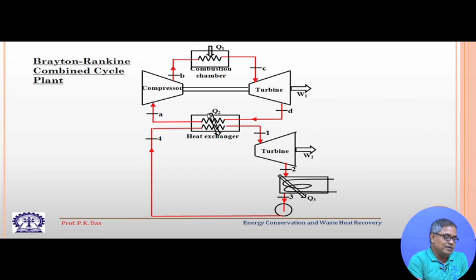After this heat rejection to the working fluid of the bottoming cycle, which is water or steam, it will go to the stack and ultimately be left to the atmosphere. The heat exchanger over here is called the HRSG, or heat recovery steam generator.